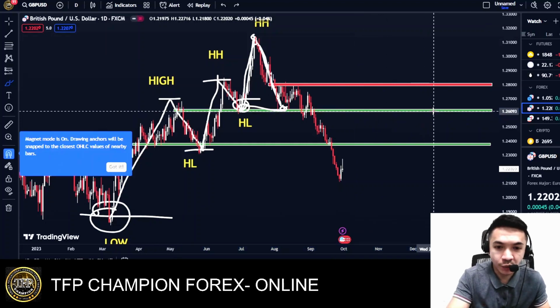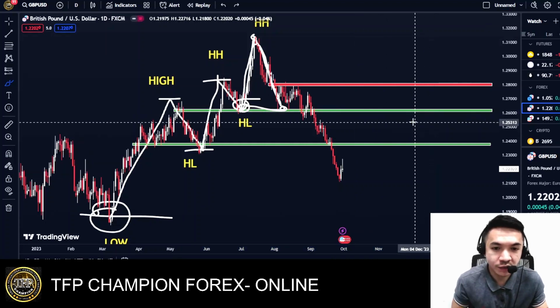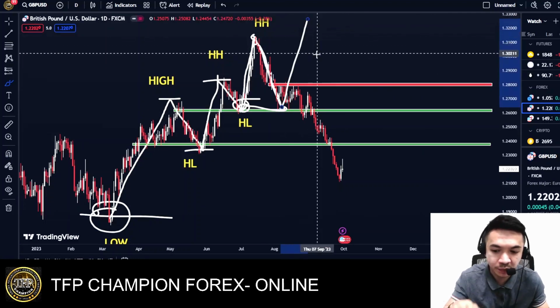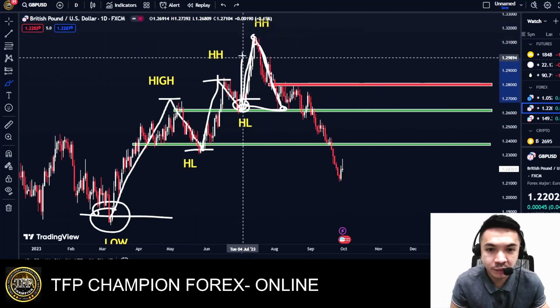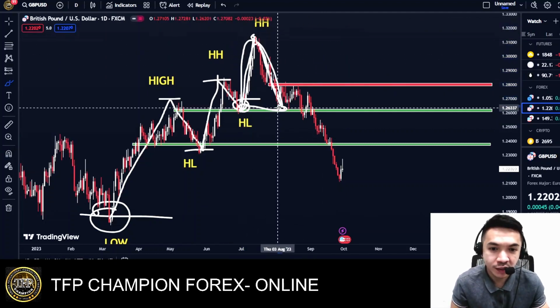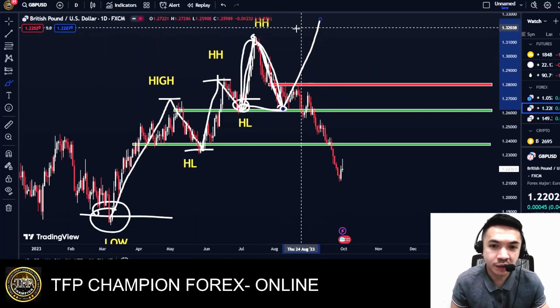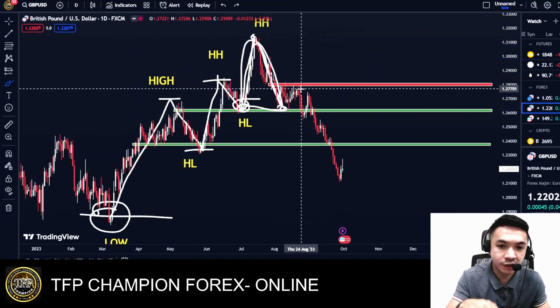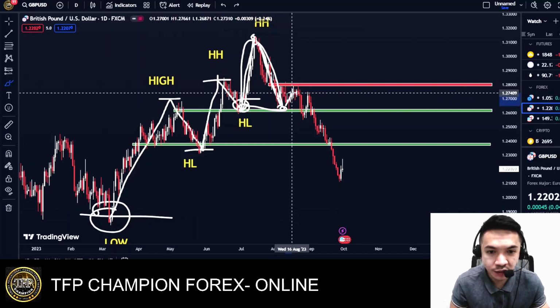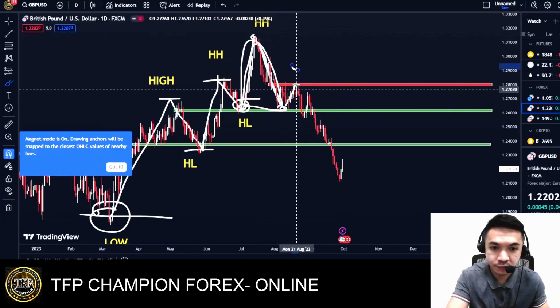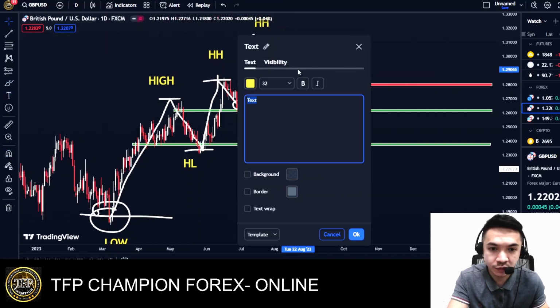What's interesting here is, instead na magkaroon siya ng higher high, kasi there's a possibility naman talaga na bumalik siya sa previous levels as a strong support, then later on magkaroon ulit ng panibagong higher high. But unfortunately, hindi nagkaroon ng higher high. Nagkaroon ng lower high.